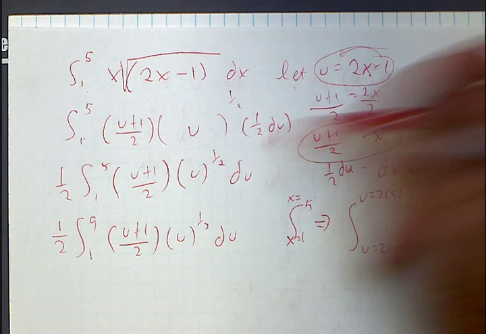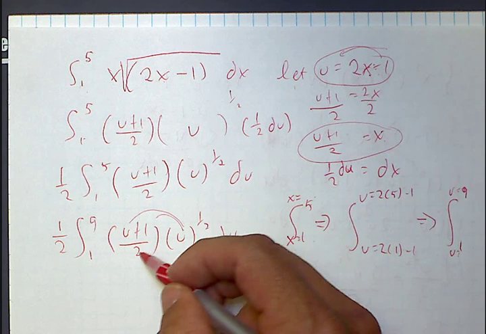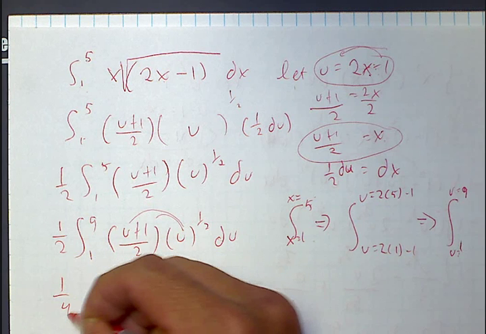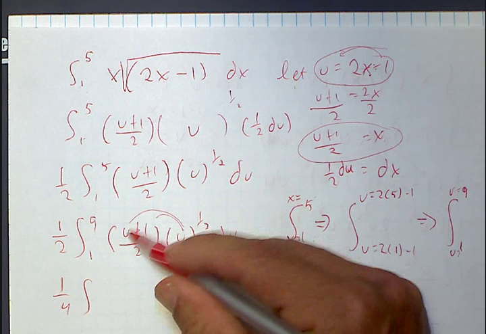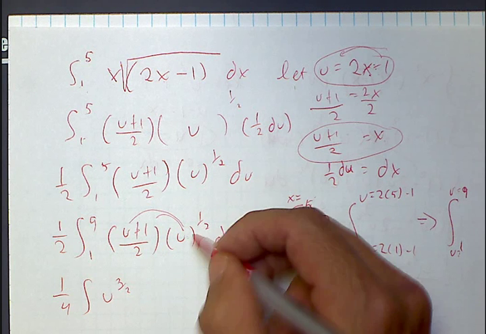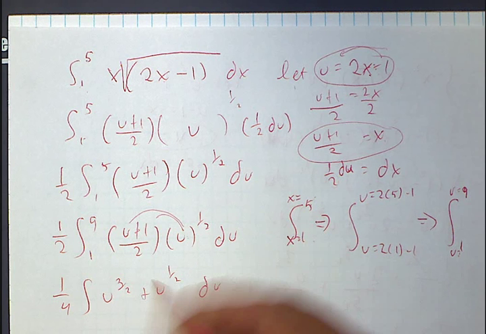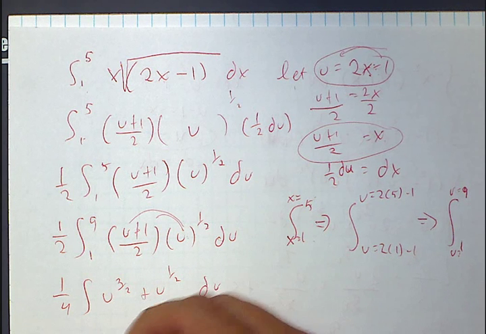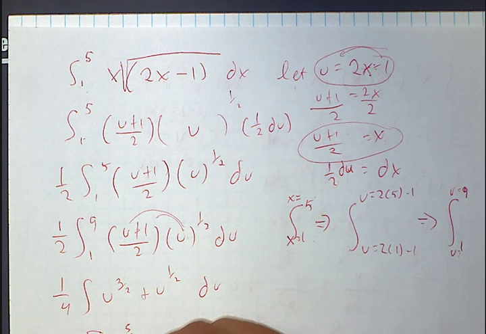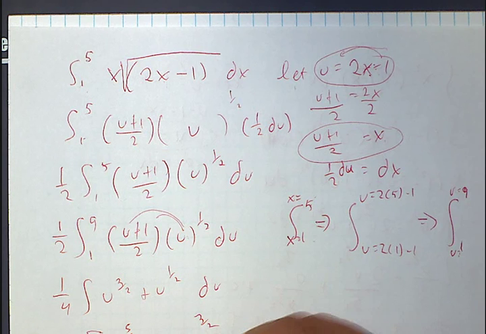Distribute this guy, we'll pull the 1/2 out of there. That 1/2 will come out to be 1/4 in front. Okay? u times u to the 1/2 is u to the 3/2. 1 times u to the 1/2 is just u to the 1/2. Integrate those, and I get 1/4 times u to the 5/2 over 5/2 plus u to the 3/2 over 3/2.